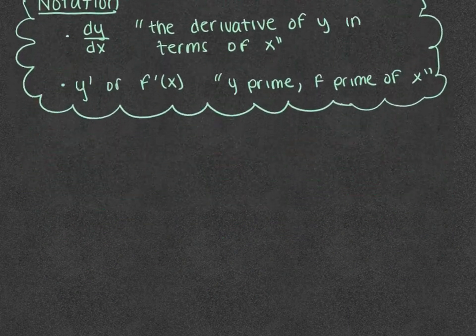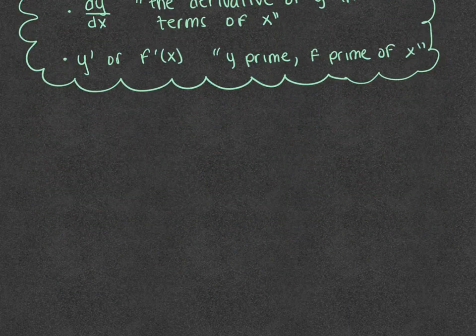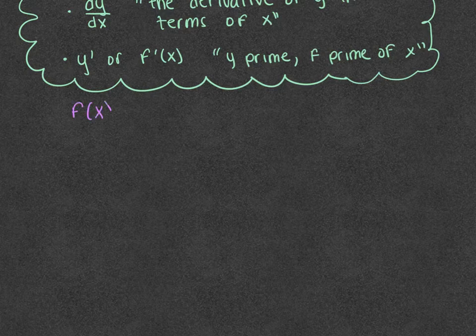Just in a broad sense, let's talk about what a derivative is and what all of those words up there mean. If we're going to look at just a parabola, f of x equals x squared, the derivative of that, or f prime of x, would be 2x, and we'll learn how to take the derivative shortly.